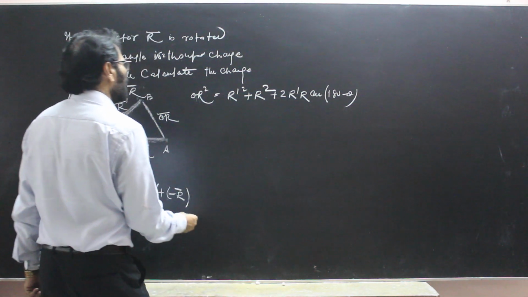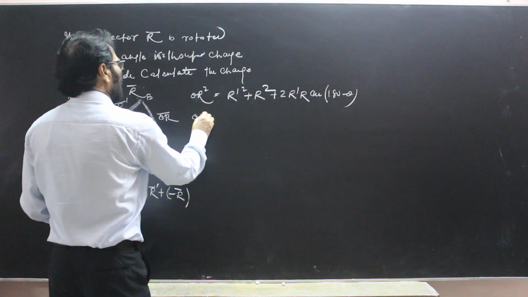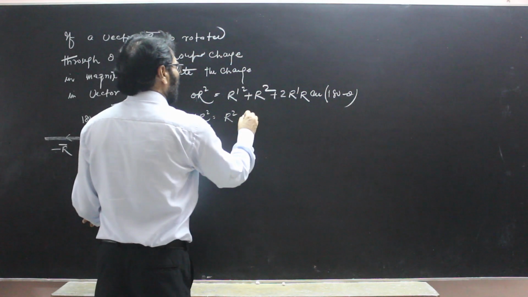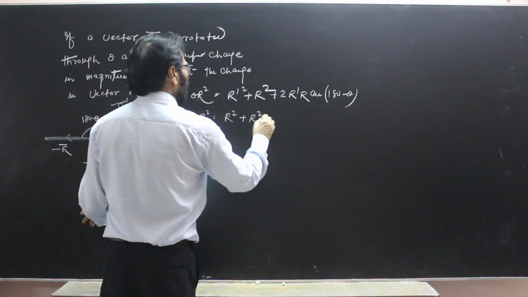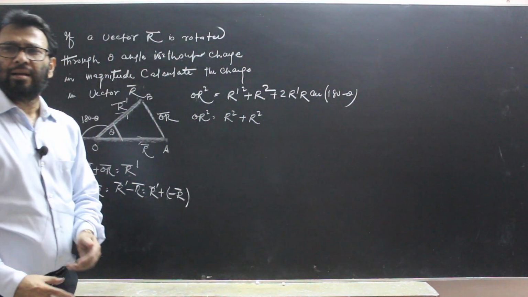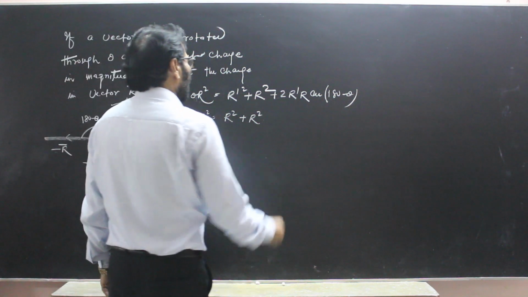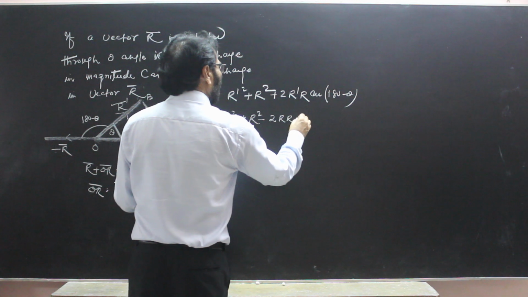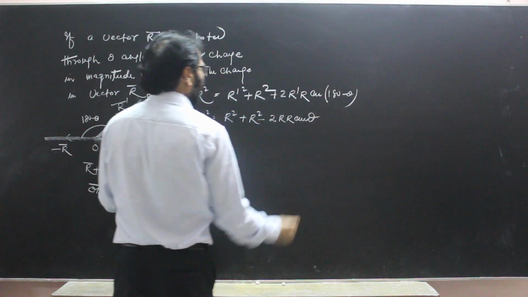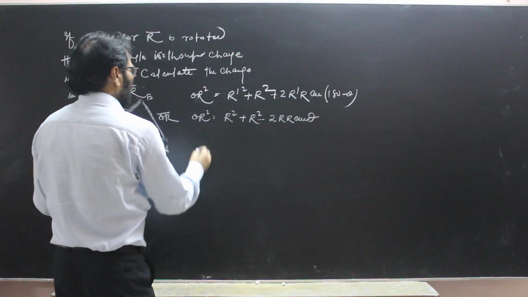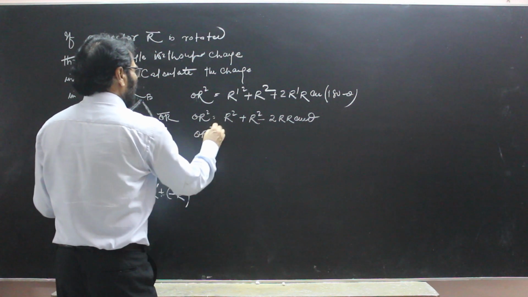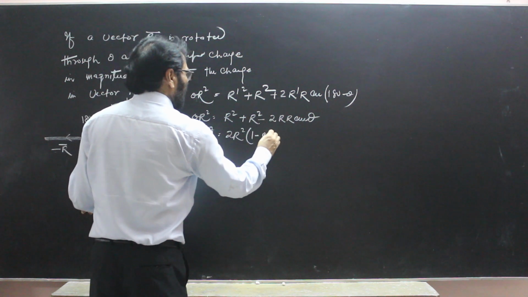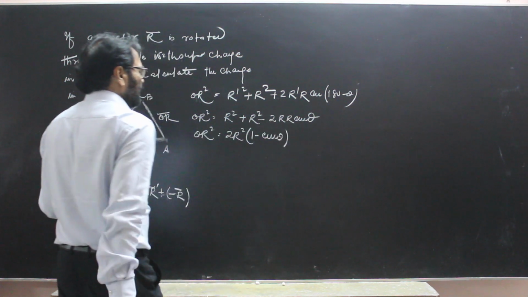So delta r square is r square plus r square, because the magnitude of r and r dash are same, and this is minus 2 r square cos theta. So delta r square is 2r square into 1 minus cos theta.